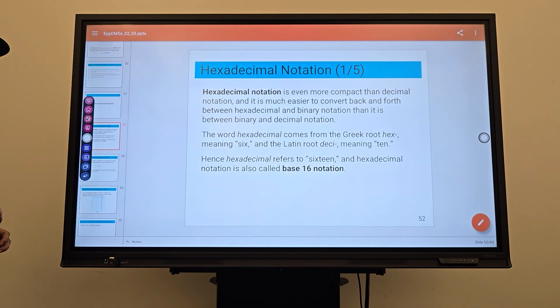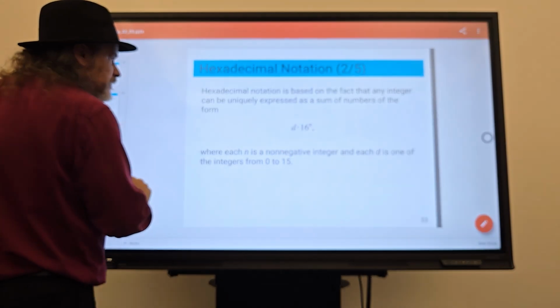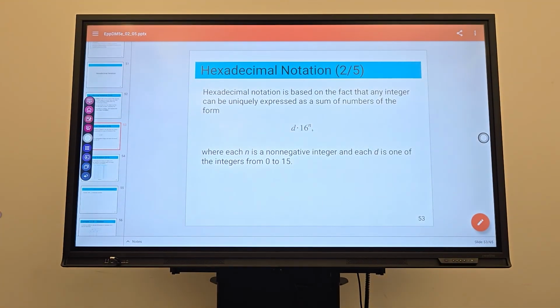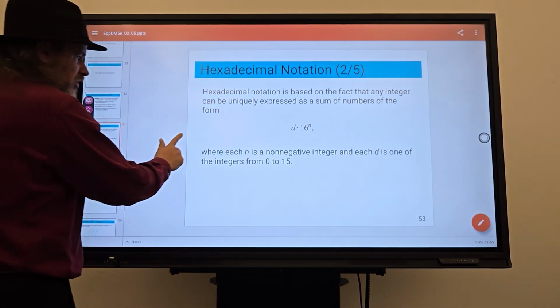Okay, base 16 works the same way as binary and decimal, only the base is 16 instead of 2 or 10. It's more compact because you can represent numbers with 1 digit from 0 to 15.